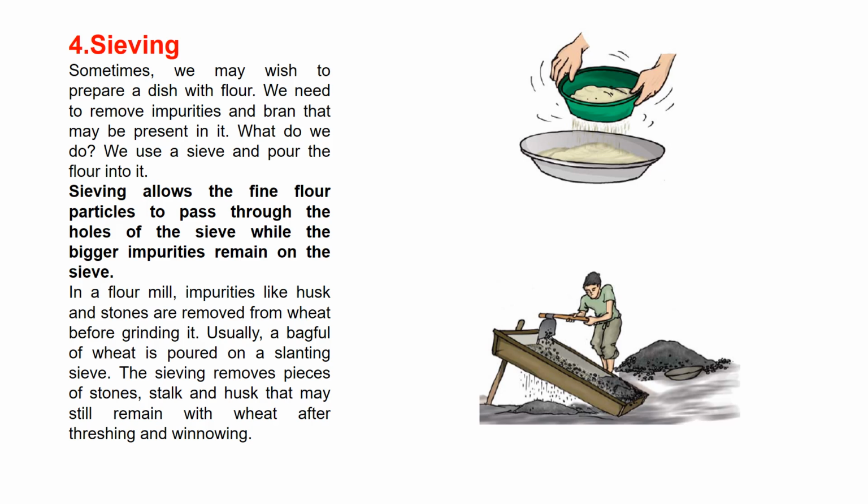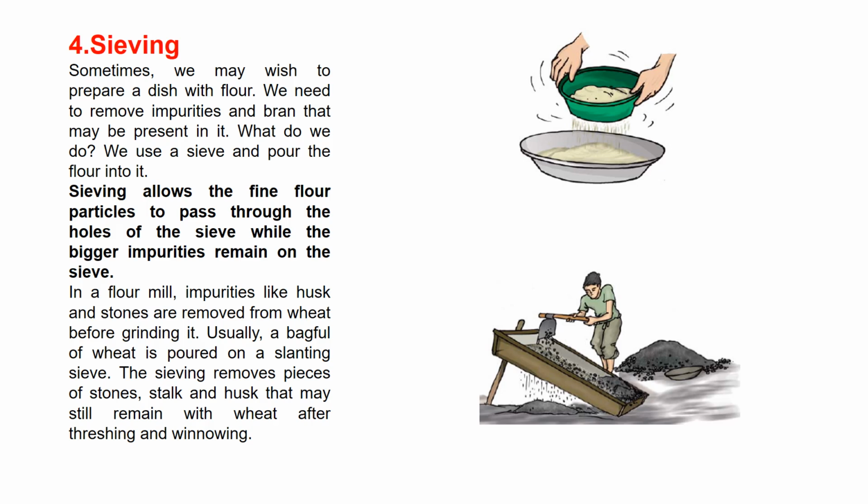So this process is very simple, convenient and time saving, through which particles of different size can be separated from each other with the help of a sieve. In this process of sieving, the main material which is being used is called a sieve. What is a sieve? I hope you understood this.